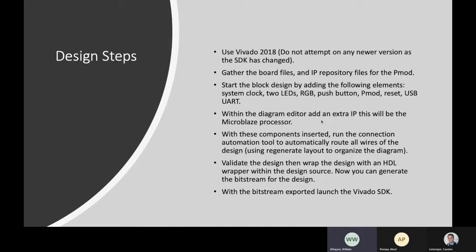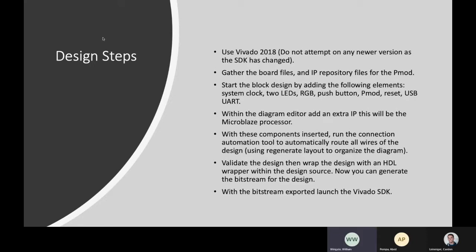So we're going to gather the board files and the IP repository files for the Pmod. Then we'll start the block design in Vivado by adding the elements: the system clock, our two LEDs, the RGB push button, the Pmod, the reset, and the USB UART.